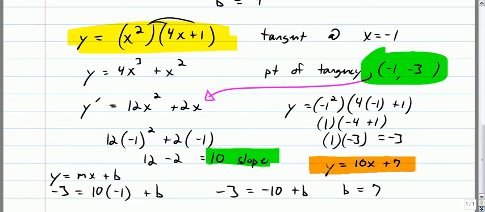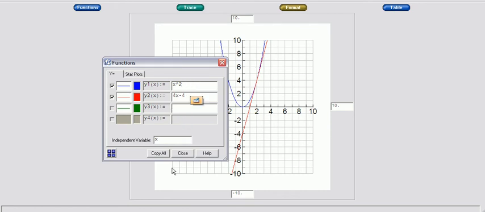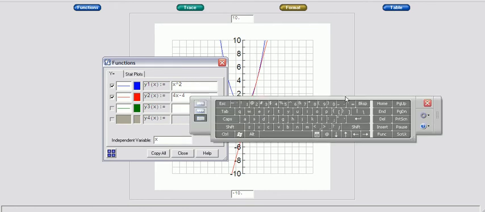So I'll just check my answer real quick. I'll graph the original curve and then the 10x plus 7, and I'll look at when x is -1. So original was, let's see, we can take this out.